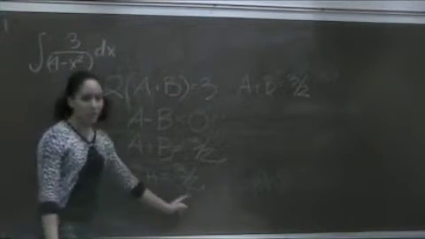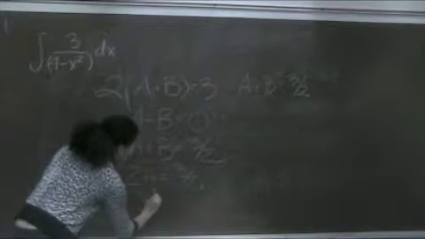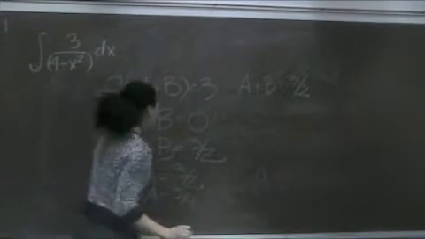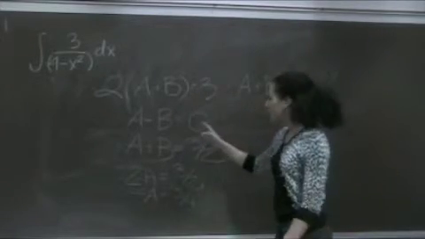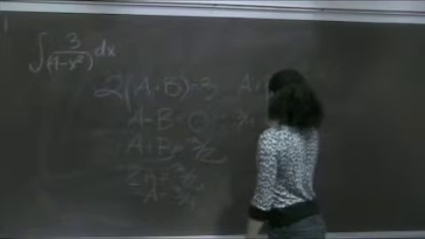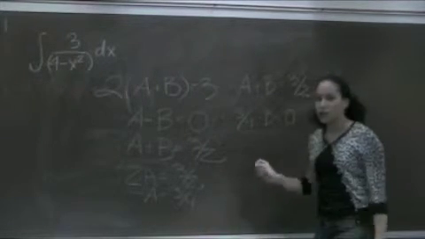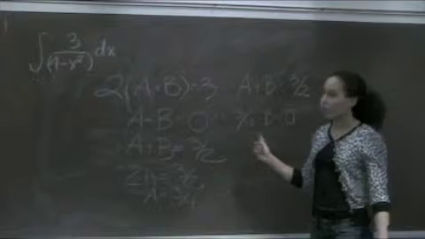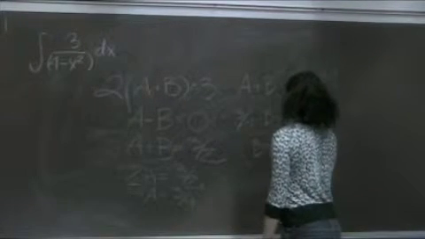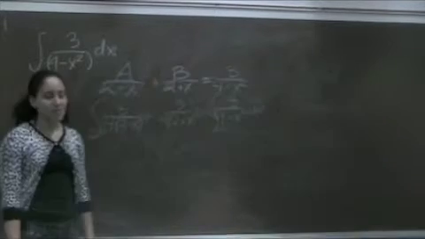Then we just divide by 2 to get A by itself, which gives us A equals 3/4. Now, since we know A minus B equals 0, 3/4 minus B equals 0, so B must be 3/4. And we've solved for A and B.